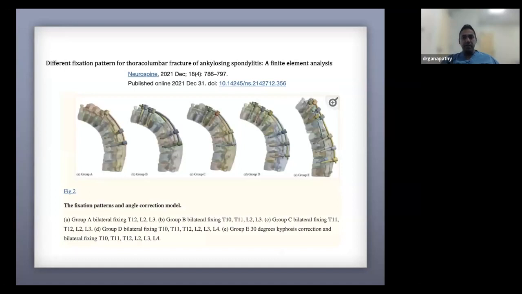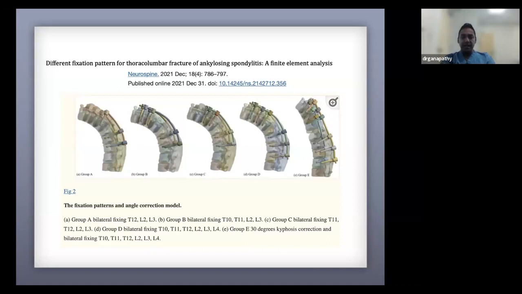This is a nice study looking at a finite element analysis, because it's difficult to do this in vivo, because you can't randomize patients to this construct, as it's not ethical, obviously.